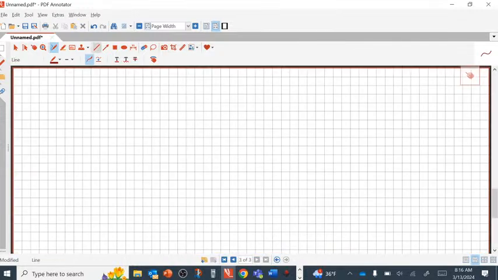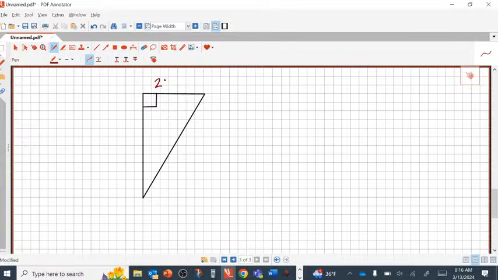Okay. Let me draw a right triangle here. This distance here is going to be 2 square roots of 5 centimeters. And this distance here is going to be 3 square roots of 10 centimeters. And I want to know that distance right there.